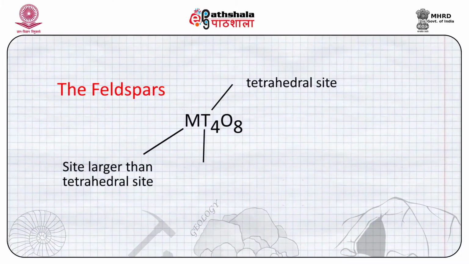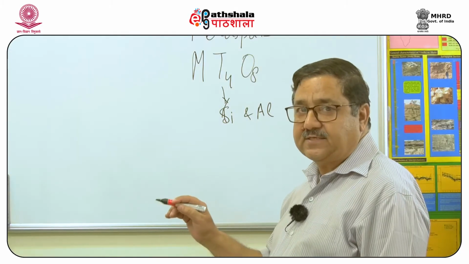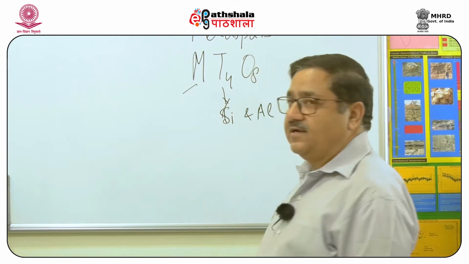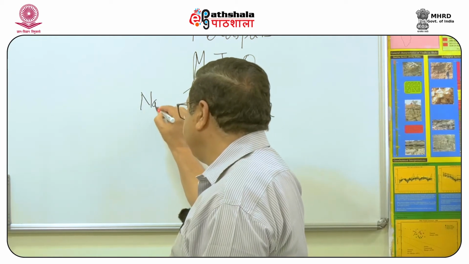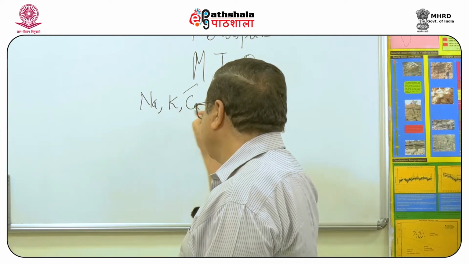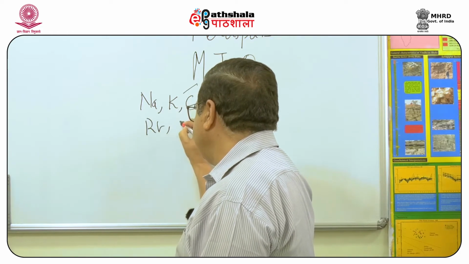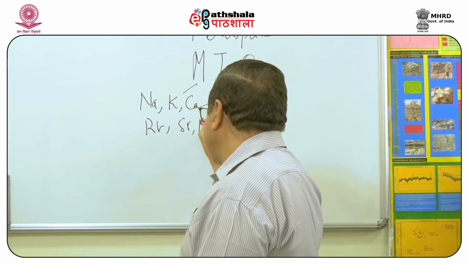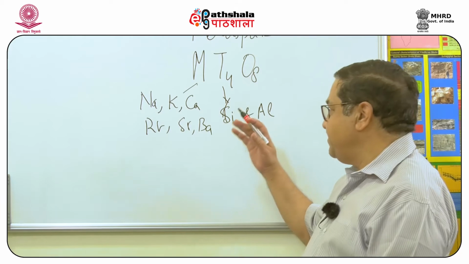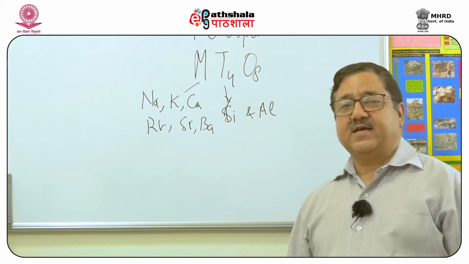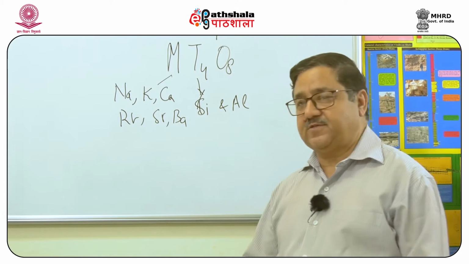In the T site, we commonly have silicon and aluminum, whereas in the M site there are a large number of cations which are possible, which include sodium, potassium, calcium, rubidium, strontium and barium. So, this means that this chemistry can make several types of feldspars possible.